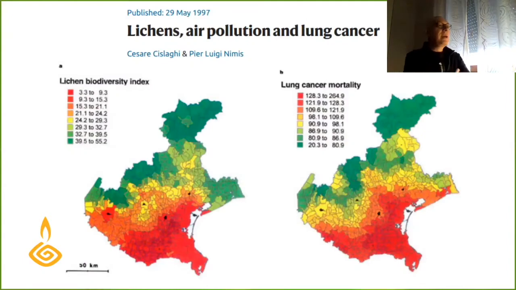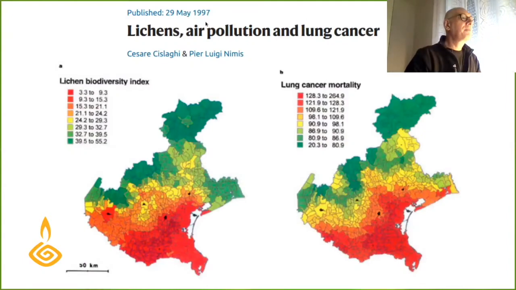And another milestone, published in 1997 in Nature about the use of lichens and air quality, is another jump in advance, because this is a clear indication that there is a nice correlation between the biodiversity of epiphytic lichens and the incidence of lung cancer mortality.